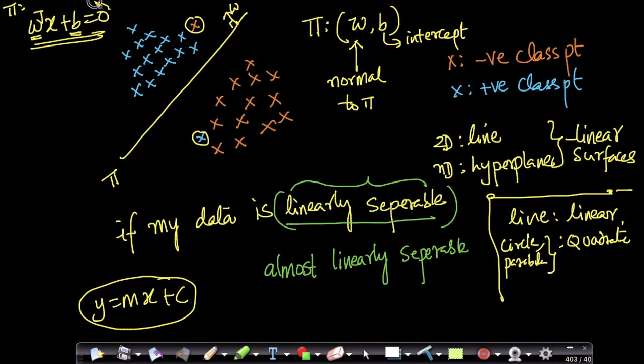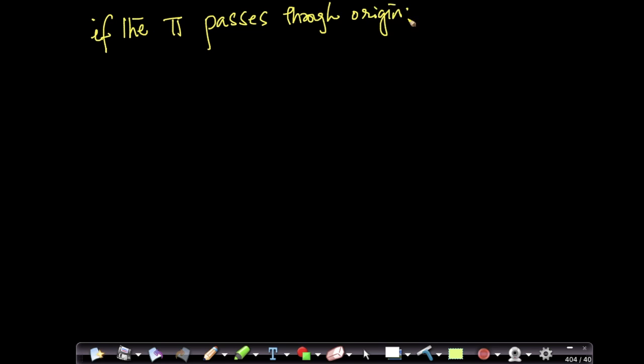We discussed the equation of a plane, and we also said that if the plane pi passes through the origin, then b equals 0, which means the equation of the plane becomes w transpose x equals 0.